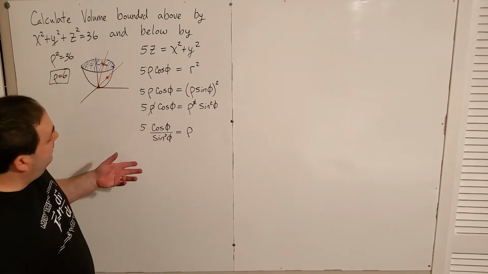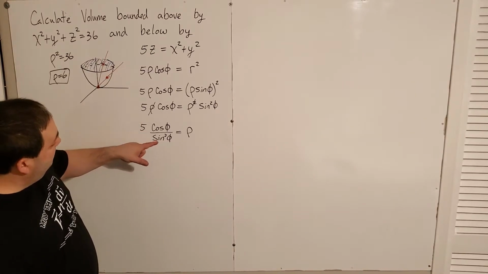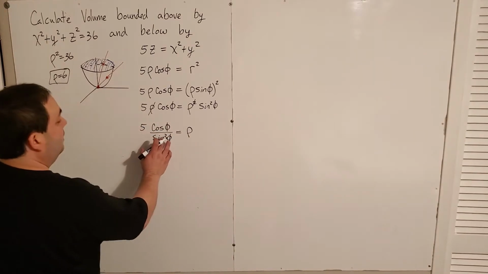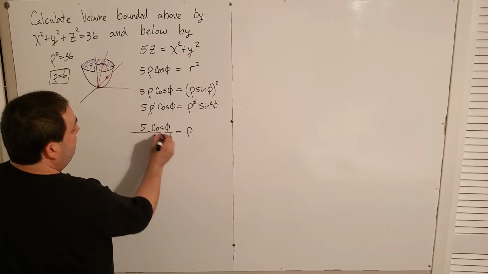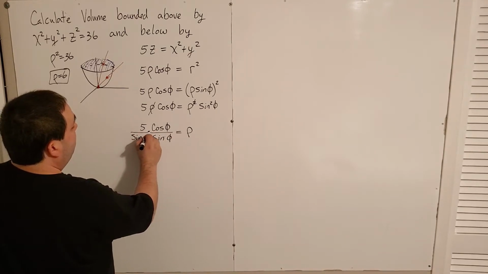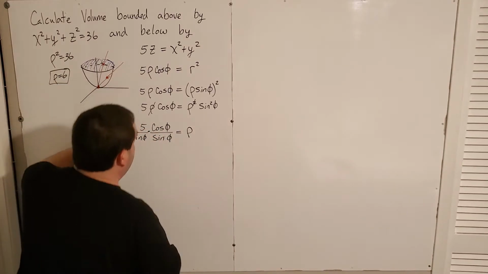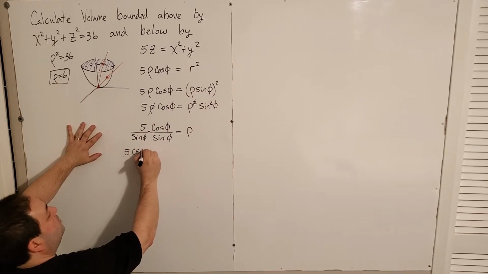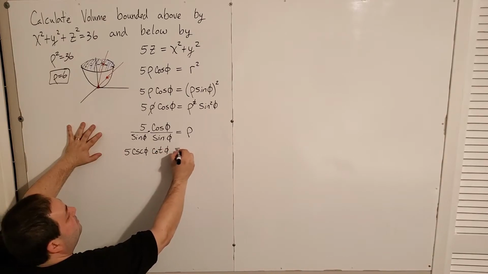And that's okay, but let's write it in terms of some easier trig functions. Remember, there's sine phi times sine phi here, so I could split it: 5 over sine phi times cosine phi over sine phi, which gives me 5 cosecant phi times cotangent phi is equal to rho.